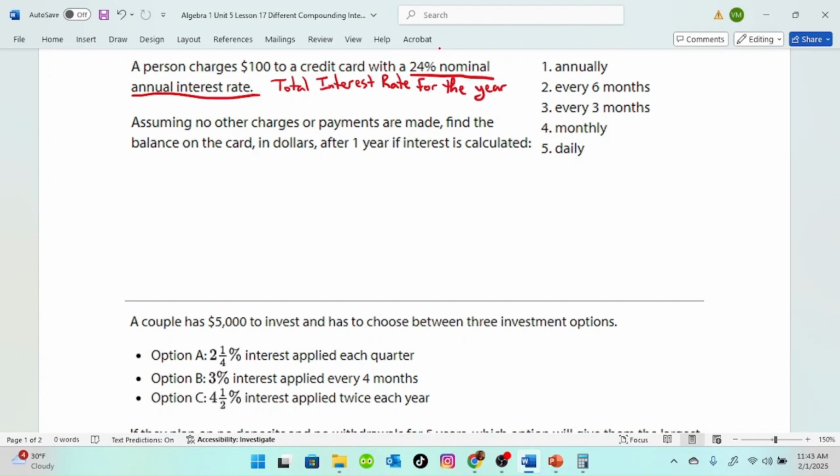So when we look on the right, if we charge annually, then that means one time. So the exponent would be 1. If they charge every 6 months, then that's going to be 2 times. And we're going to say 12% each time so that we have the 24%.